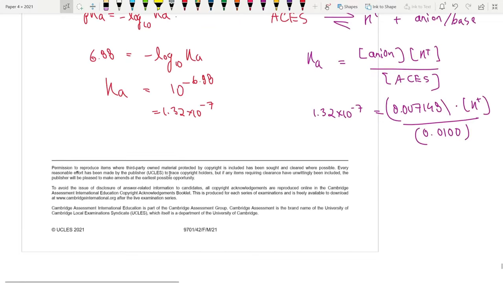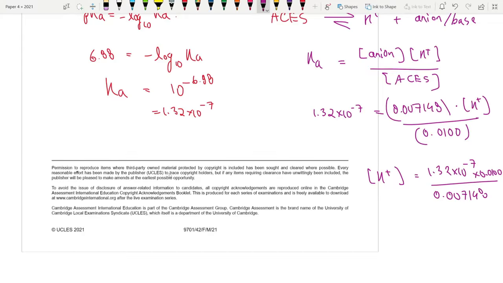Now if you want to find out H plus, it's going to be 1.32 into 10 power minus 7 into 0.0100 divided by 0.007148. This gives you a value of 1.86 into 10 to the power minus 7.